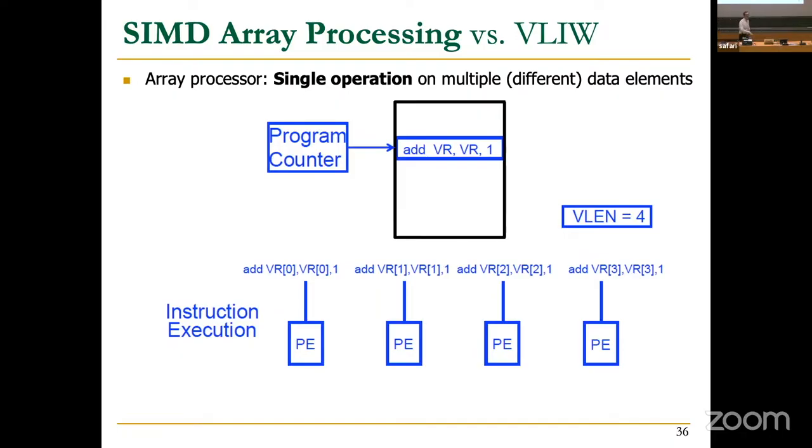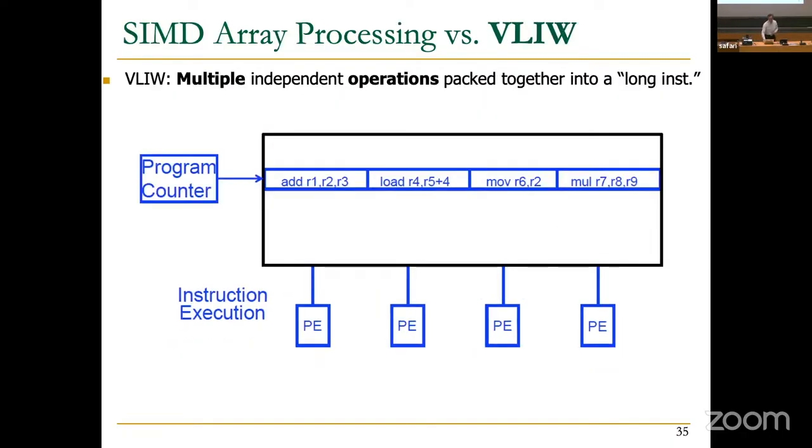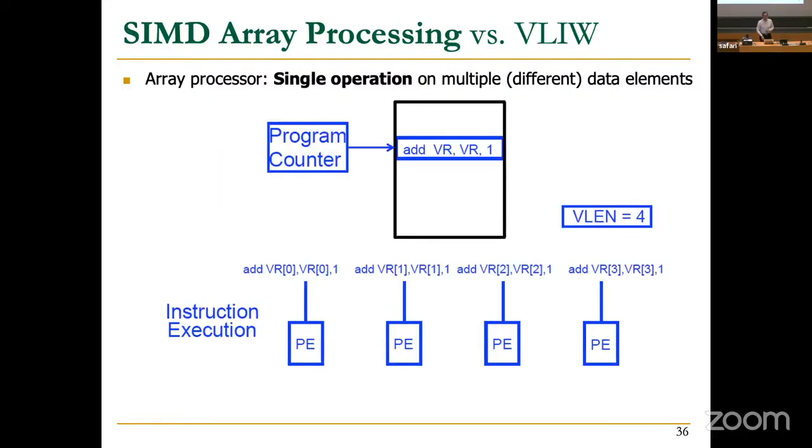In VLIW, the compiler guarantees that these are semantically independent. In this case, the compiler or the programmer guarantees that these are operating on different data values, right? So in this sense, they're similar, in the sense that they're doing multiple operations per cycle, except the relationship between the operations in this case is that you're doing the same single operation on multiple different data elements.